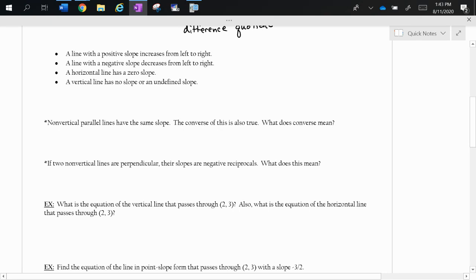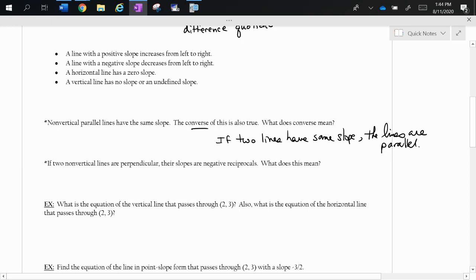So if two lines are parallel, then they have the same slope. If two lines have the same slope, then they are parallel. So the converse would be if two lines have the same slope, those lines are parallel.